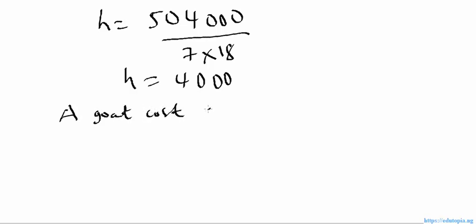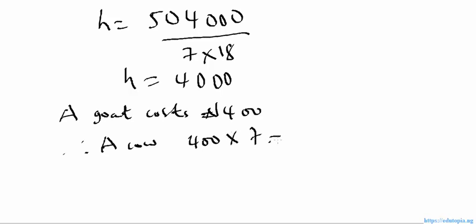Now since H, which is our good, is 4,000 naira, a good costs 4,000 naira. Therefore, a car will cost what? Remember we have 7H, so automatically it's 4,000 times 7, which is equal to 28,000 naira.